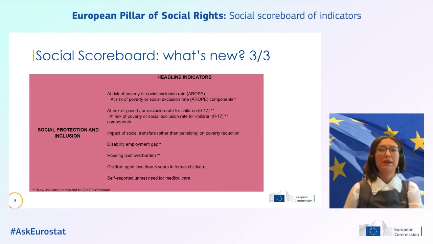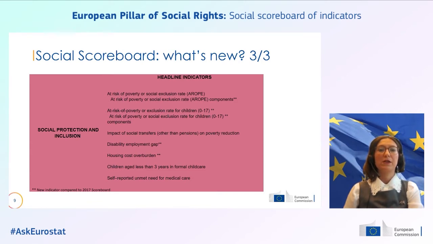And regarding social protection and inclusion, there were more changes. So except this at risk of poverty or social inclusion indicator, something new is that also the three components are presented together with the overall indicator.